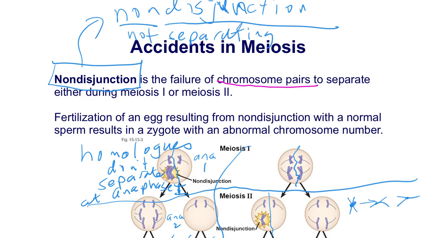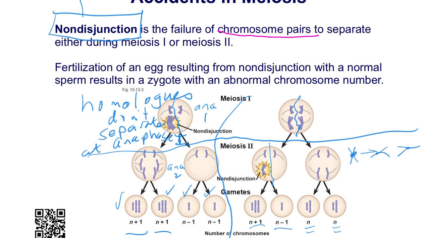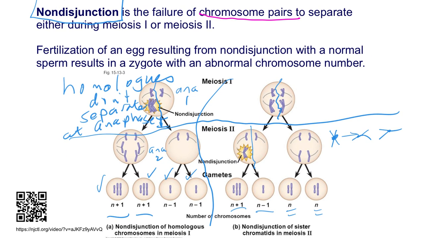This means the chromosomes are not separating like they should. In meiosis 1, the homologous chromosomes aren't separating. In meiosis 2, the chromatids aren't separating during anaphase 2.